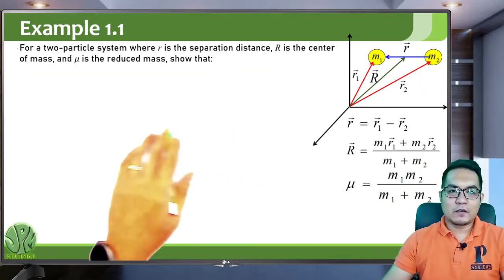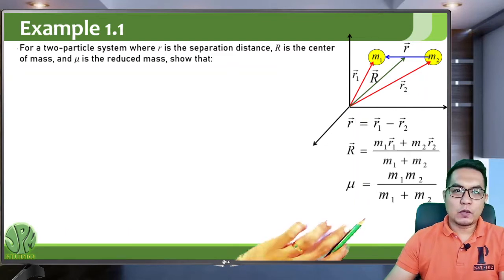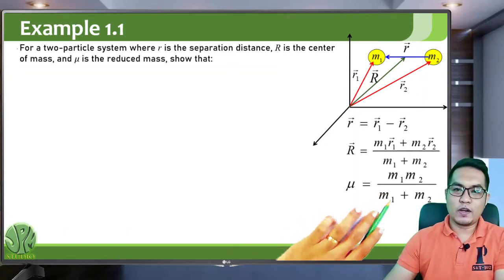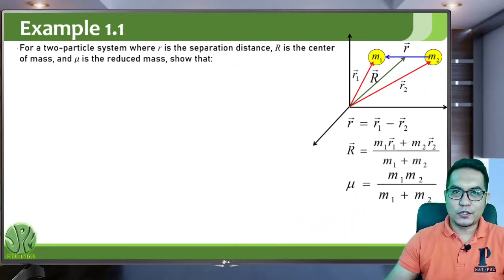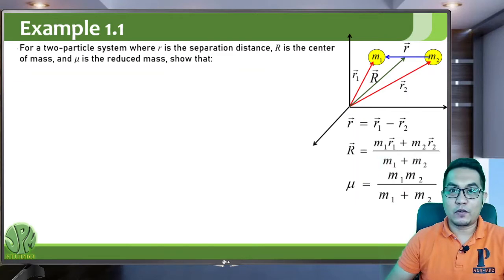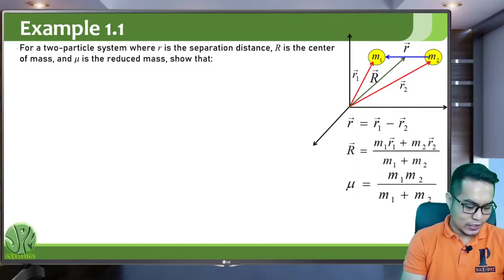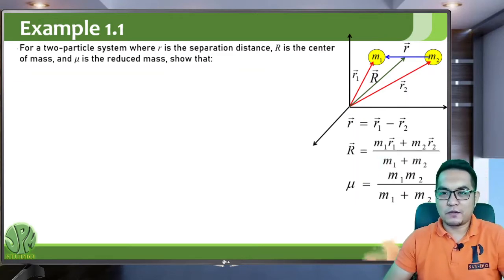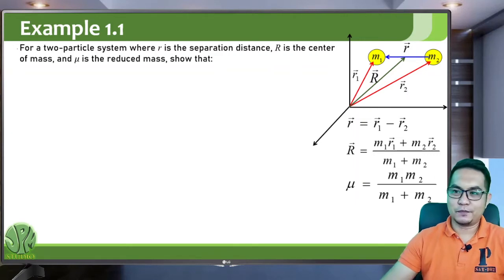R is the center of mass, and mu is what we call the reduced mass. It's m1m2 over m1 plus m2. Of course, if you have 3 particles, this will become m1m2m3 over the total mass, m1 plus m2 plus m3. This is the reduced mass, which is actually a correction for the binding energy.